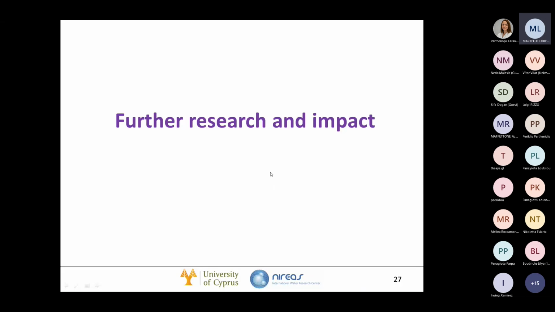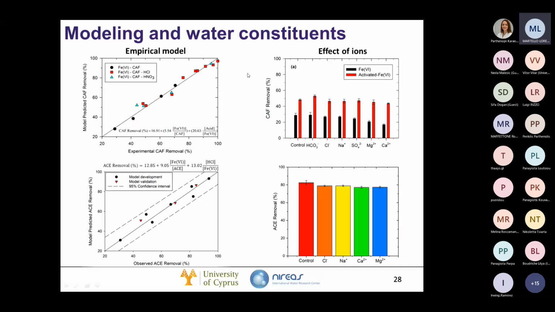And this is what I'm going to talk to you about for the last 10 minutes of the webinar. So the first thing we did is that we developed some empirical models using response surface methodology, and I'm sure many of you are using this in your research on oxidation processes. Here on the left side, there are 2 examples.